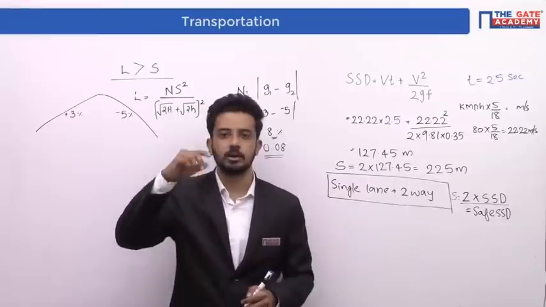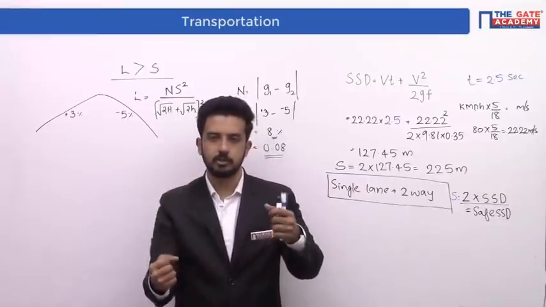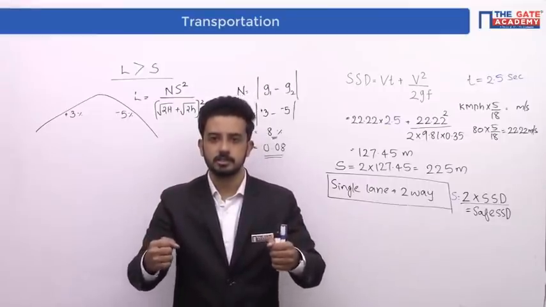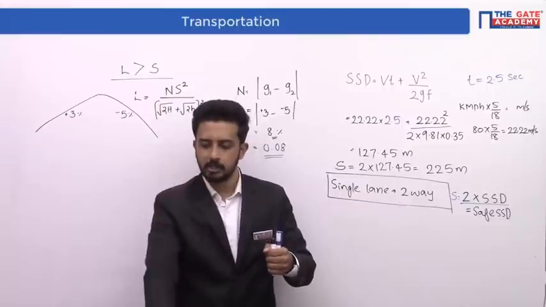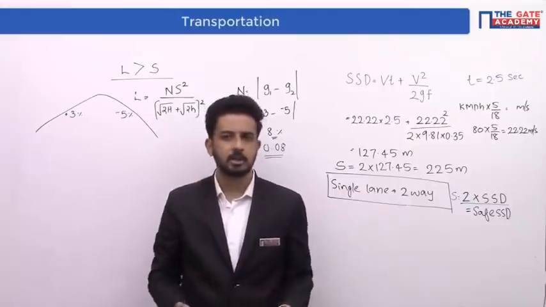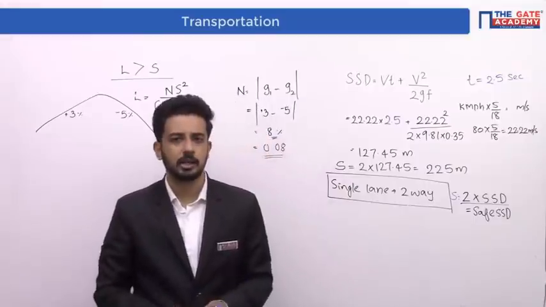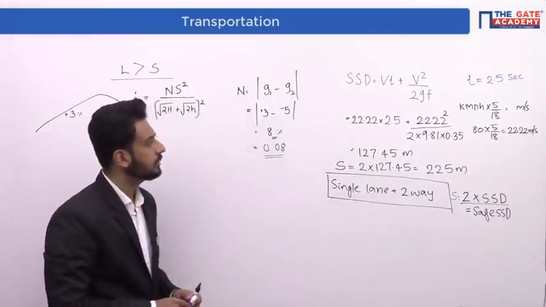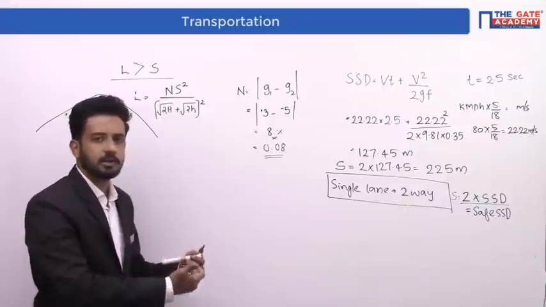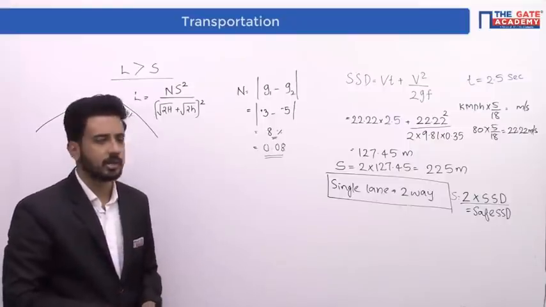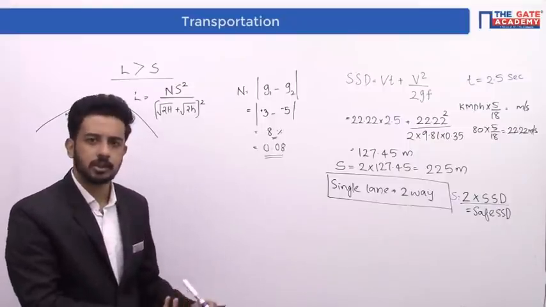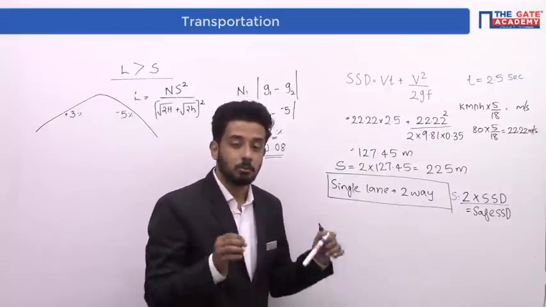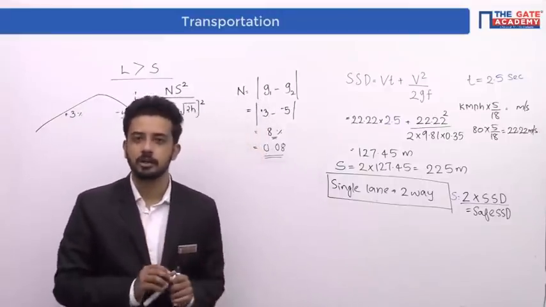What is the height of your eye level when you are driving your vehicle? Depending on the type of vehicle, it may change, so there can be different values. Sometimes they will give it in the question, but most probably they will not give it.